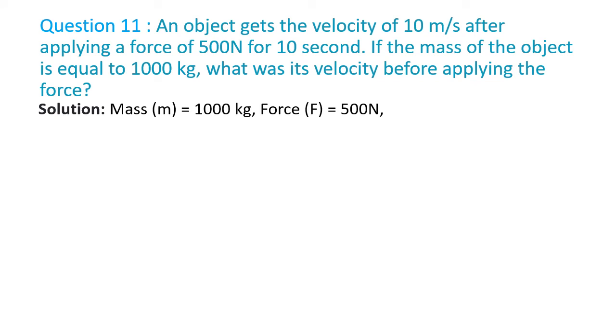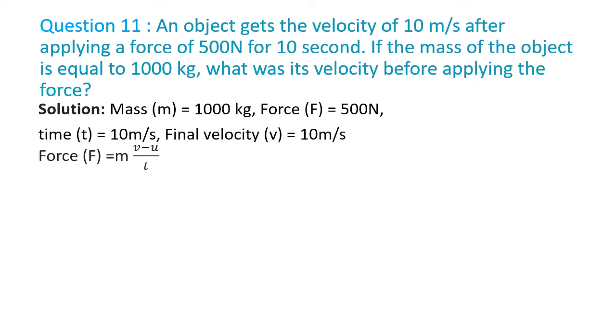So the mass is given 1000 kg, force is 500 Newton, time, sorry, there is a mistake here, time is not 10 meter per second, time is only 10 seconds. There is a mistake here, we will just cut it off. Time is 10 seconds, final velocity is 10 meter per second, we have to find the initial velocity u.